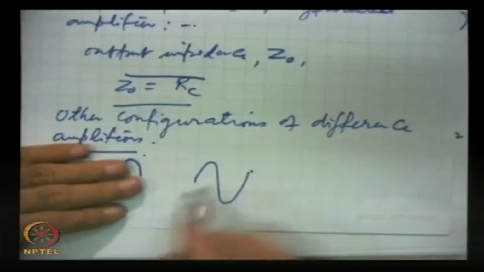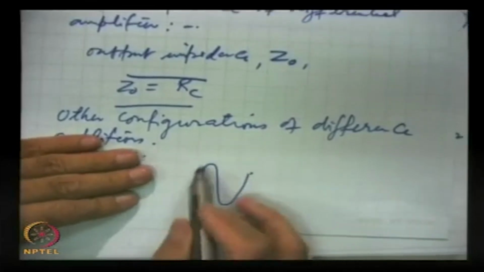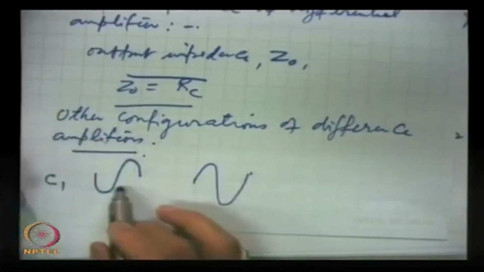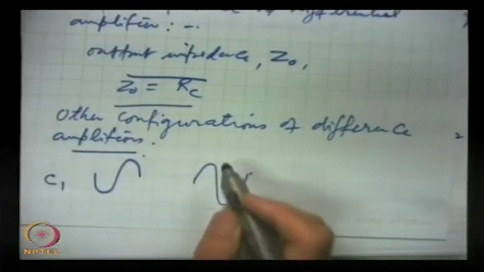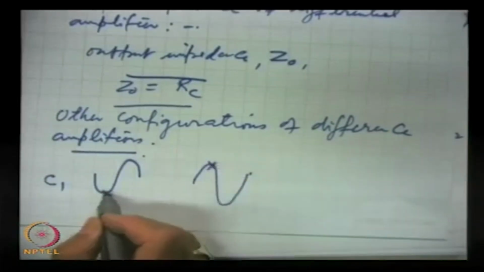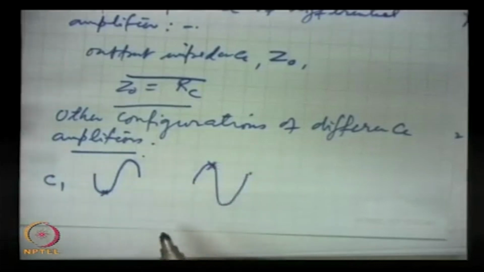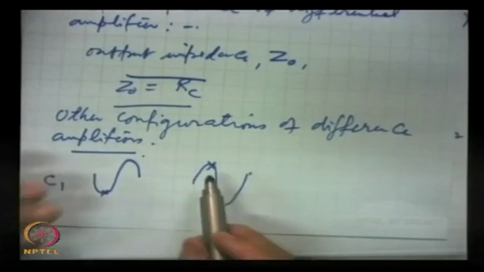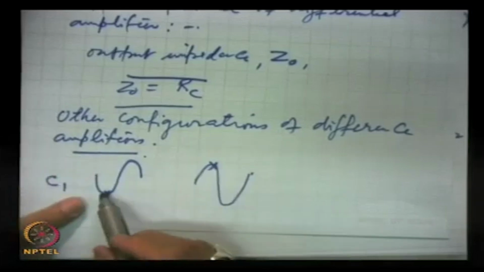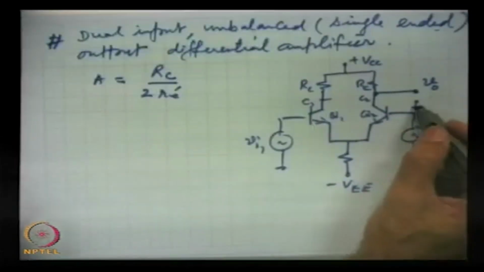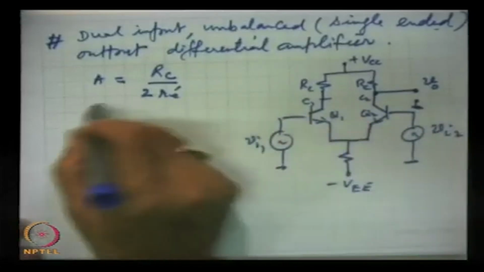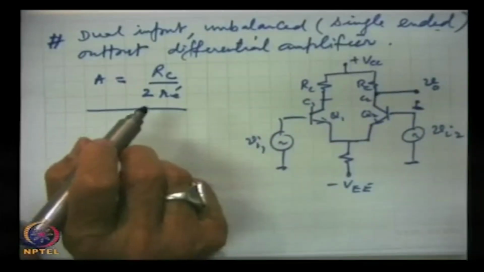Now, if we measure this with respect to ground, this will be the gain. These two are identical as far as the magnitude is concerned, but when measured between them, this is double. We explained this. So, when we are taking output with respect to ground, the gain will be half.